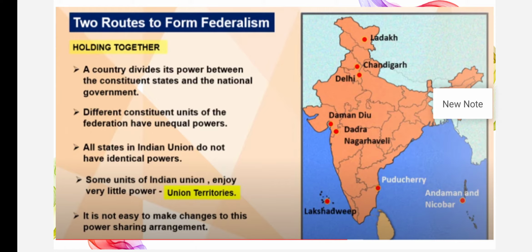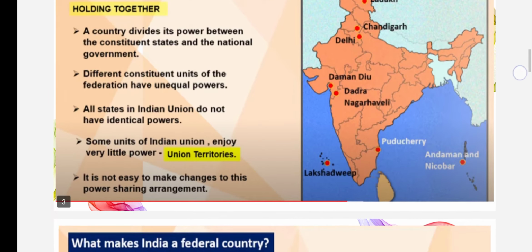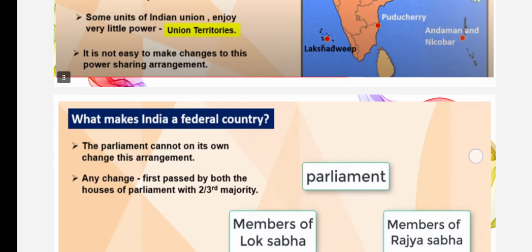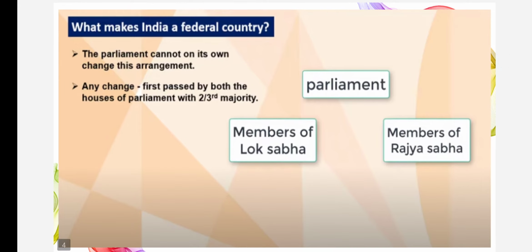Now, we may say that we can bring a change in the constitution and also change the power of the Union Territories as well as states. But it is not easy to make changes to this power sharing arrangement, because the parliament cannot on its own change this arrangement.